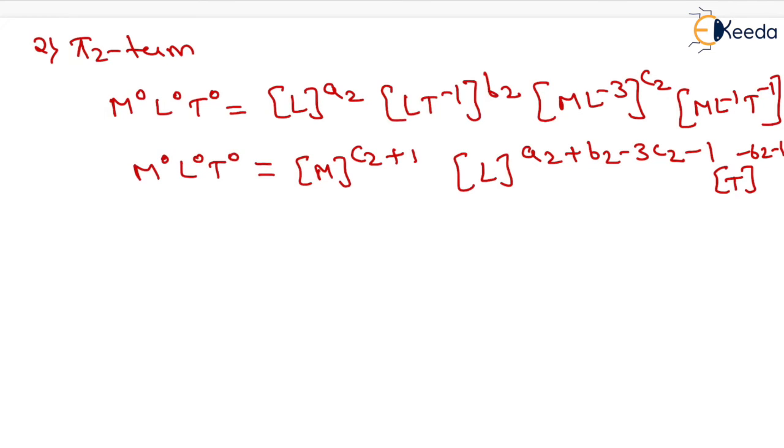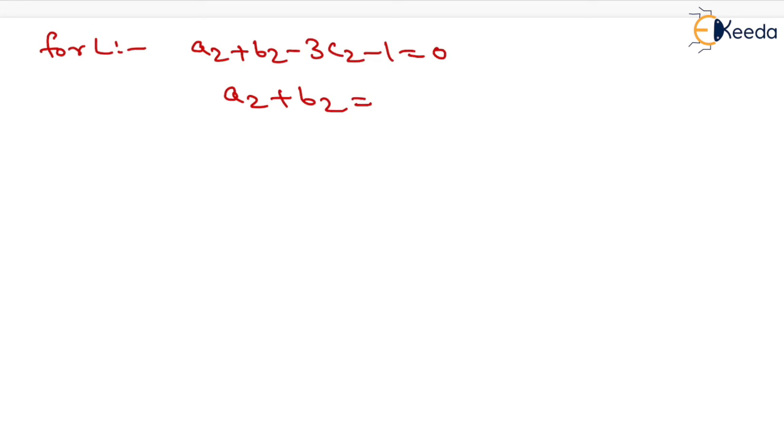On comparing this, for M, c2 plus 1 will be equal to 0. So the value of c2 will be equal to minus 1, which is shown here. Now for L, a2 plus b2 minus 3c2 minus 1 will be equal to 0. So a2 plus b2, on putting the value of c2 here, will be equal to minus 2. Similarly for T, minus b2 minus 1 will be equal to 0.